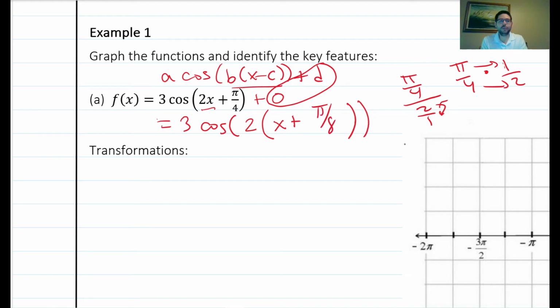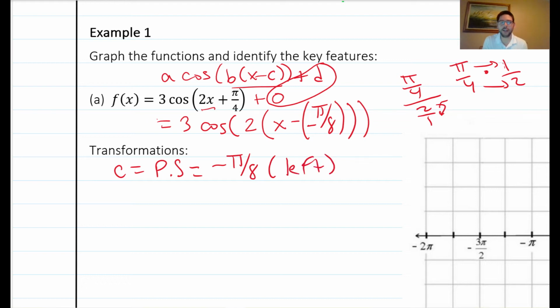All right, and now since we have a double negative situation going on here, this is really the same thing as minus negative pi over 8. So now I know that my C term is negative pi over 8. So C, which is my phase shift, is negative pi over 8, which means to the left. So pi over 8 to the left.